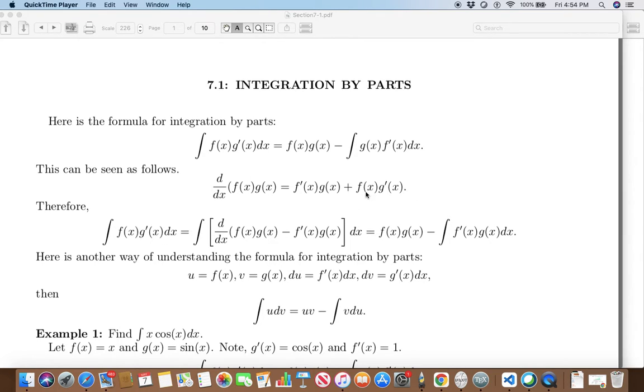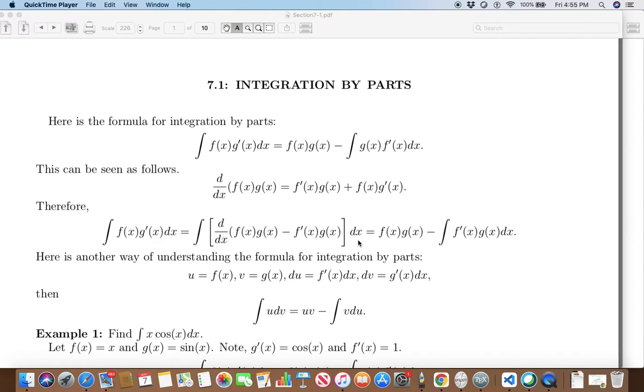So the integral of g prime x is the integral of this minus this. The integral of f g prime is the integral of the derivative of f(x) g(x) minus f prime g.